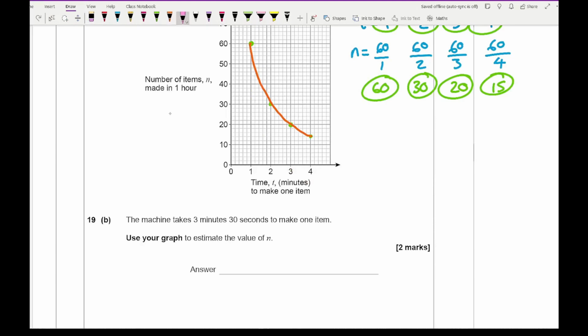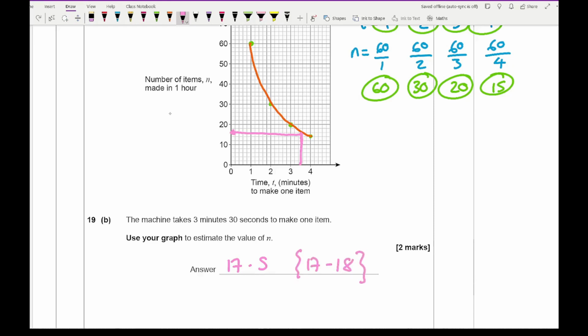So for this I need to find 3.5, which is here. I then draw a vertical line, preferably straight, unlike the one I've drawn on the screen. And then what you want to do is to project it going across. And I would say that my answer is probably around 17.5. But again, you're probably looking at an answer between 17 and 18.